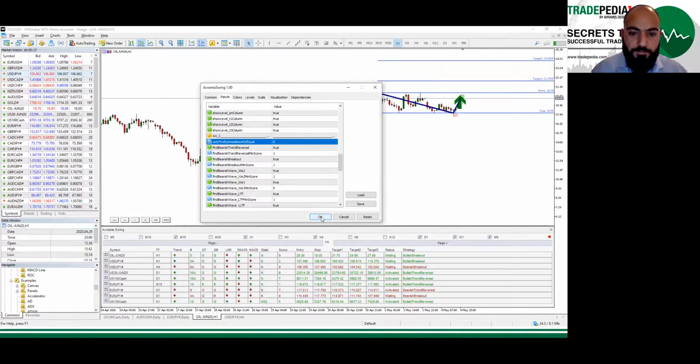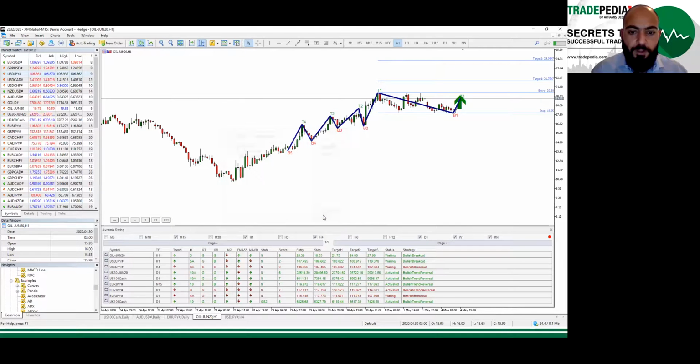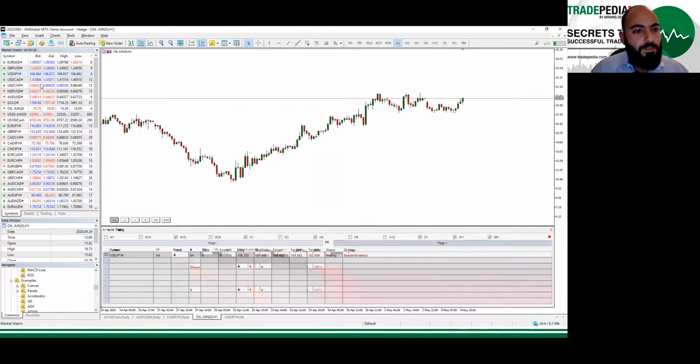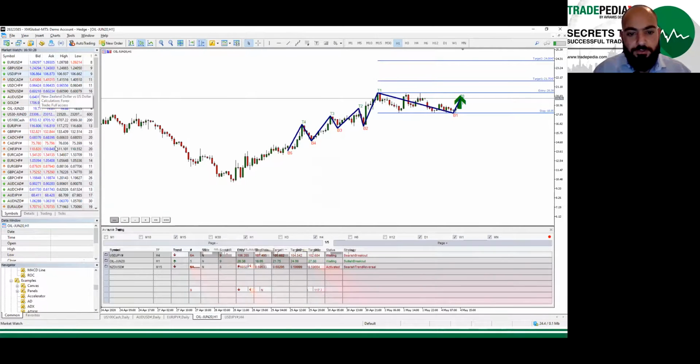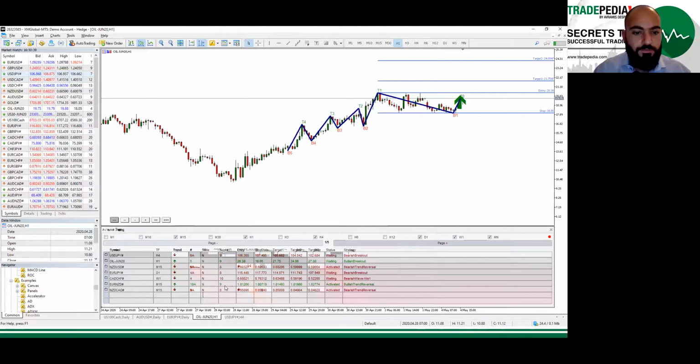Click OK. Close. The indicator will scan again. All you have to do is look for the new signals. So you see now the indicator is scanning again. First of all, the columns here disappeared. All I have now is the score with the strong signals.